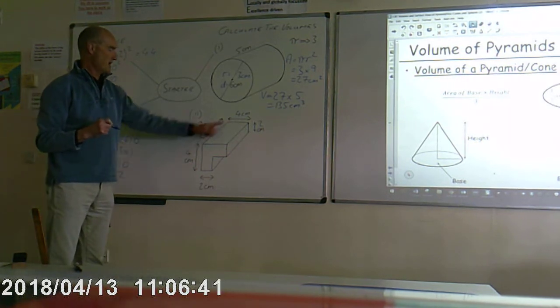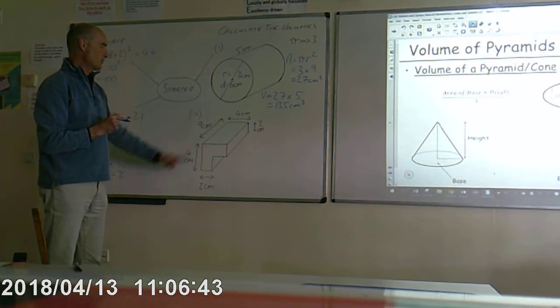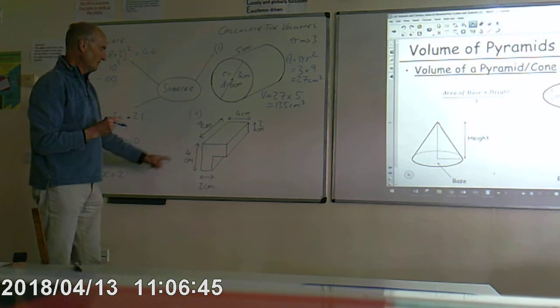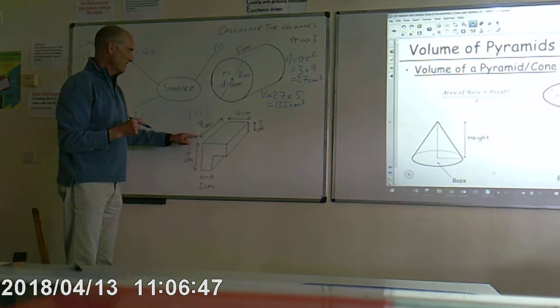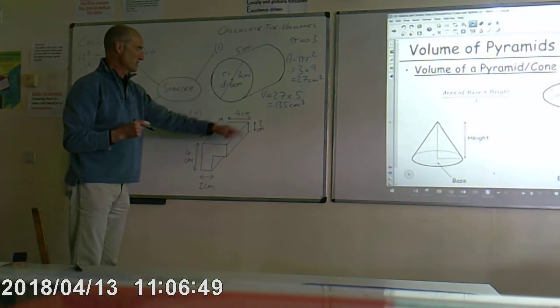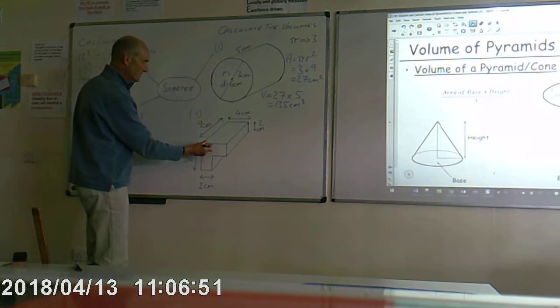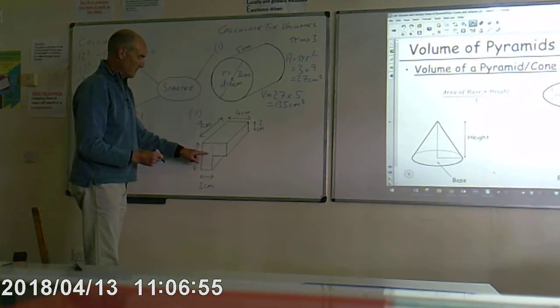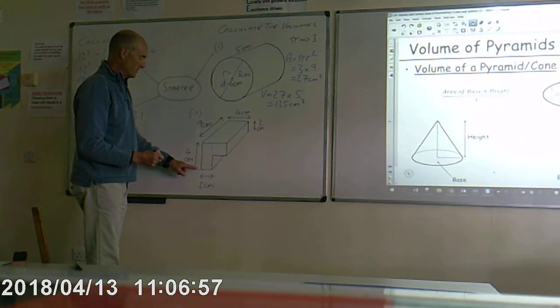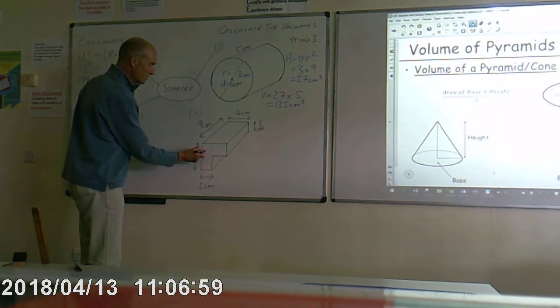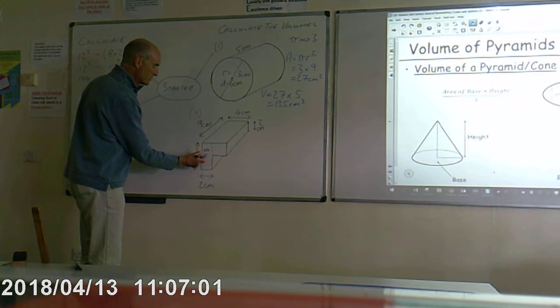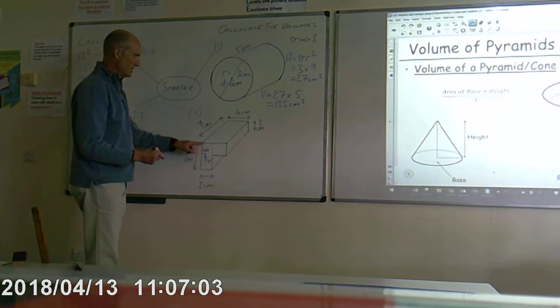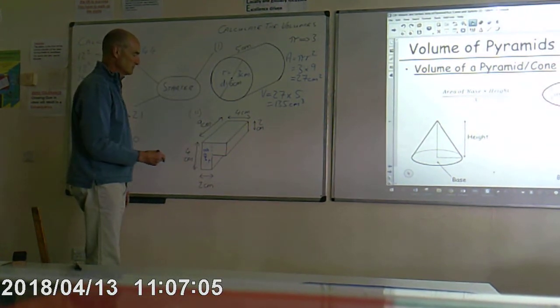Okay, so our L-shaped prism here. 4 centimetres, 2 centimetres, 9 centimetres, 4 centimetres, 2 centimetres. The area at the end. I've made a little rectangle, 4 centimetres by 2 centimetres. 8 centimetres squared is the area of that rectangle.